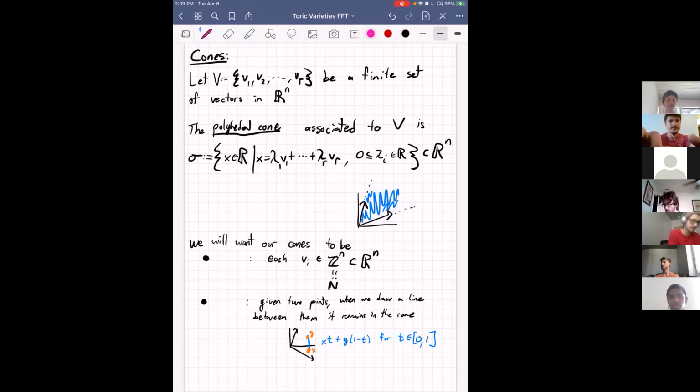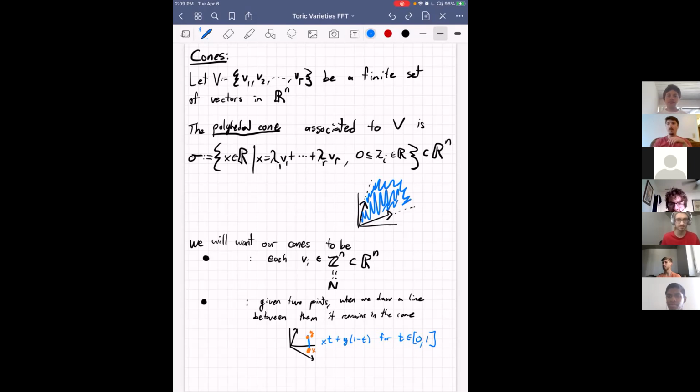The linear combination, this is important, has to be positive. So it's not a subspace, it's nothing like that. We're definitely not closed under addition, but we are closed under positive addition and scalar multiplication. So a nice 2-dimensional example here is this cone. My 2 vectors are this guy, and this is just an example of a cone that they generate.